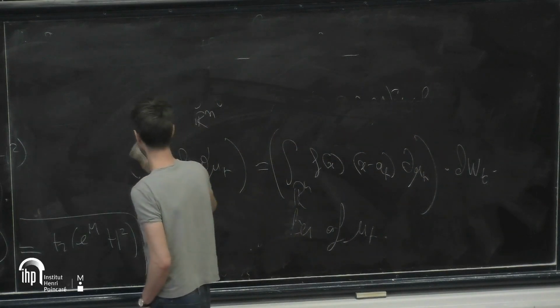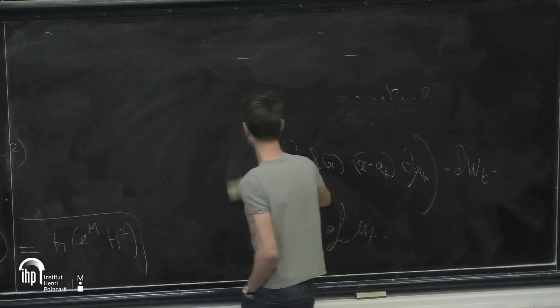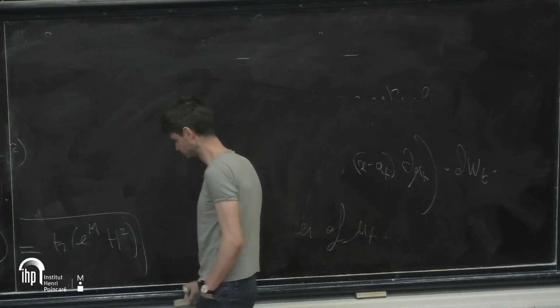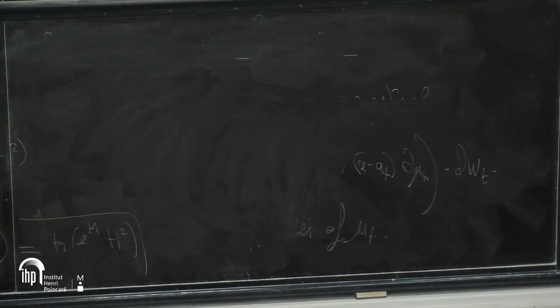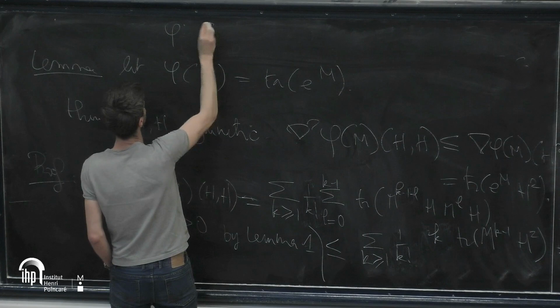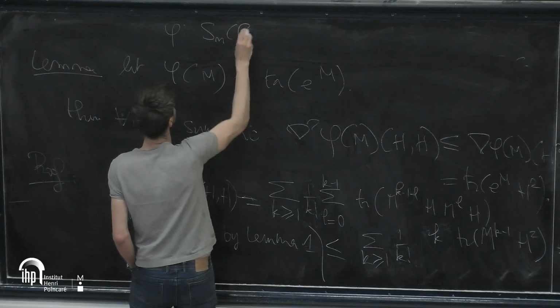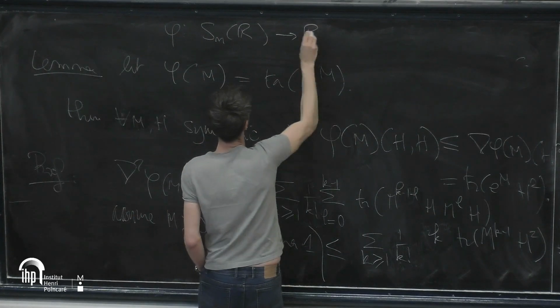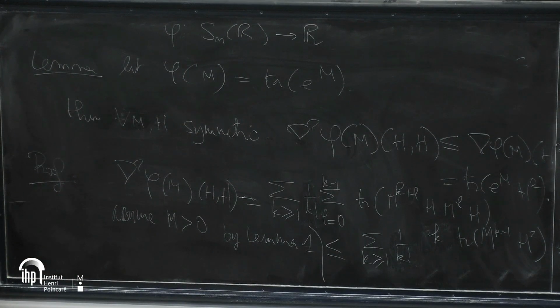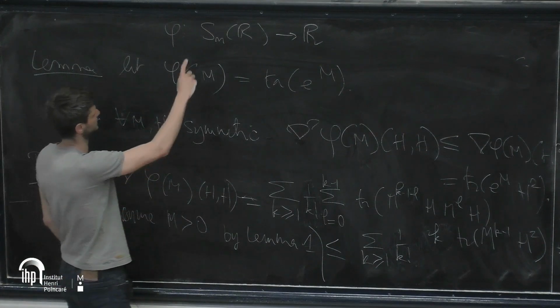Can you just repeat how you define the gradient? Sorry? This is the gradient. So I'm looking at this function phi from symmetric matrices to R. So this is a vector space.